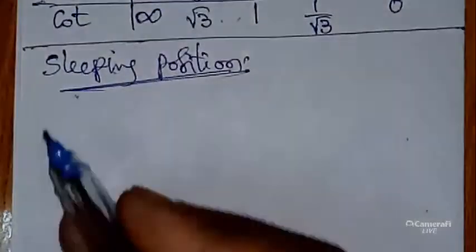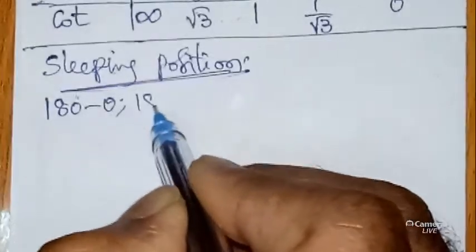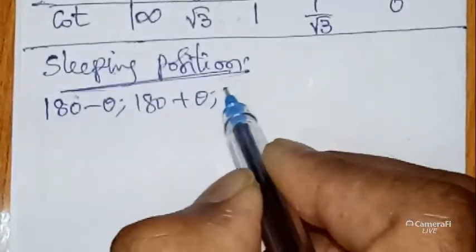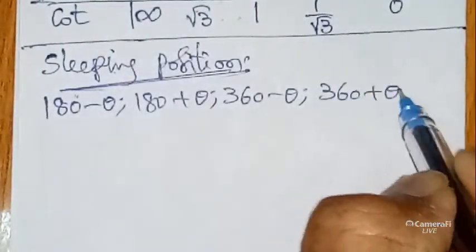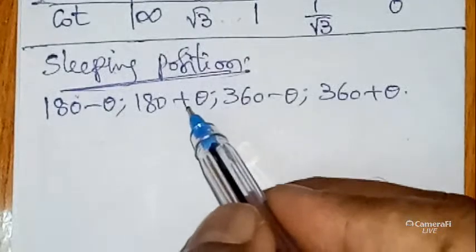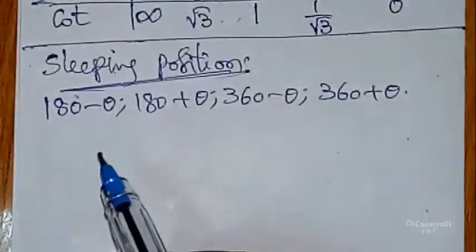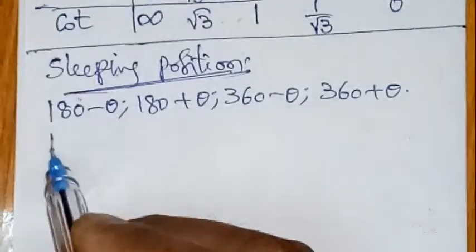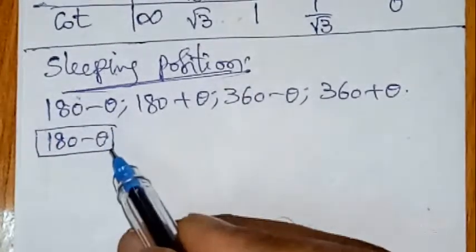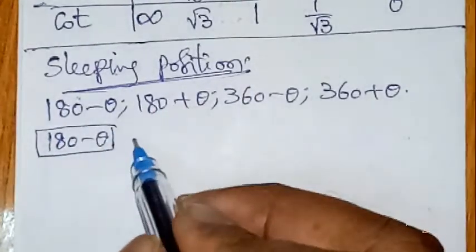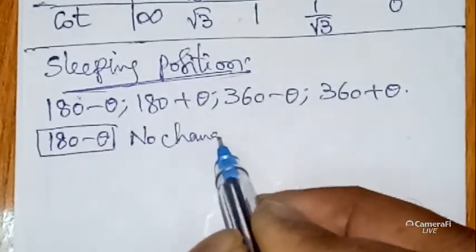In sleeping position, I wanted to write first of all 180 minus theta, 180 plus theta, 360 minus theta, 360 plus theta, which are related to sleeping position. Now I wanted to take 180 minus theta. So here, 180 minus theta means first of all no changes.